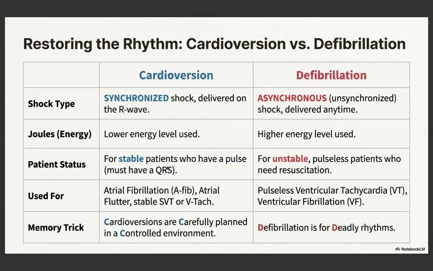Cardioversion is for stable patients who have a pulse, and defibrillation is normally for pulseless patients who have a need for resuscitation. Cardioversion can be for AFib, and defibrillation is for VFib or VTach. Defibrillation is for deadly rhythms, so remember that. And cardioversions are carefully planned in a controlled environment.